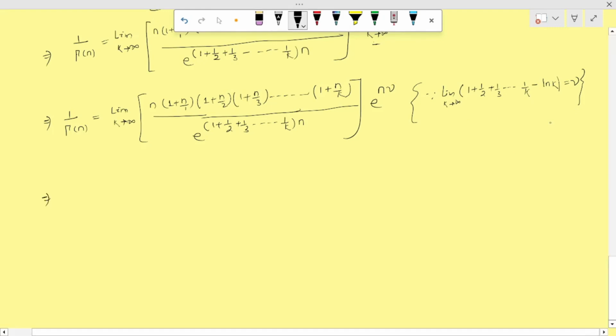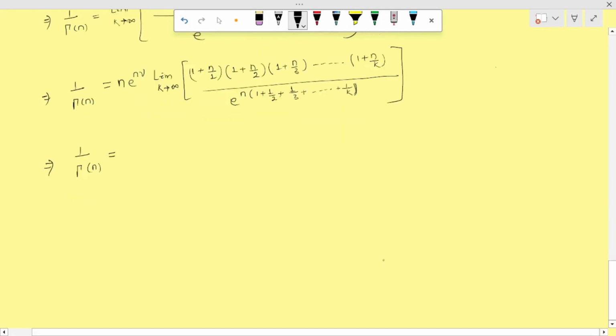that implies 1 by gamma n will be equal to n e to the power nγ into the limit as k tends to infinity of the whole thing, where we can write 1 plus n by 1 divided by e to the power n, whole into this term 1 plus n by 2 whole divided by e to the power n by 2.